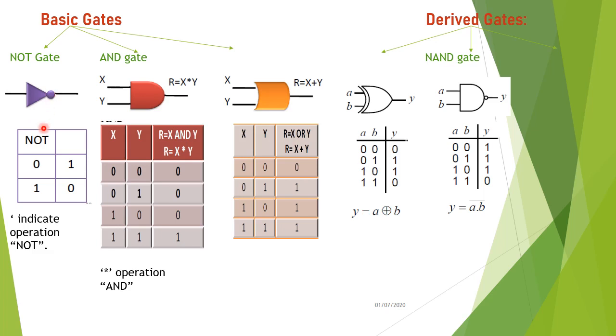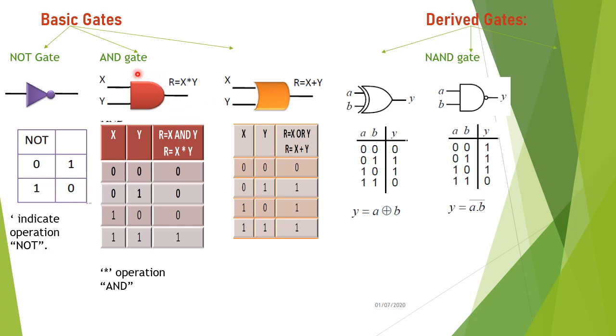The logical function the NOT gate implements is complementing its input. Let's say the input is 0, then by complementing 0, we get output 1. And in the other case, if the input is 1, the output by complementing is 0.